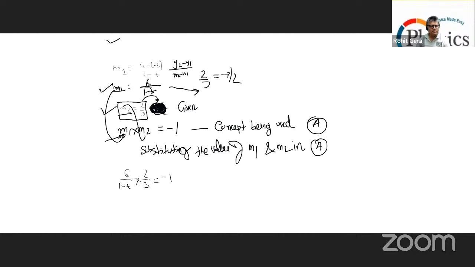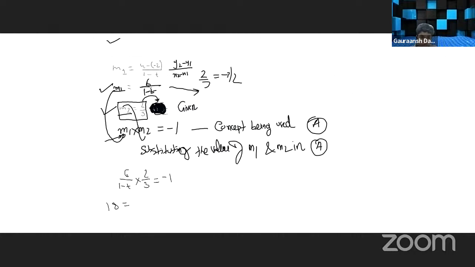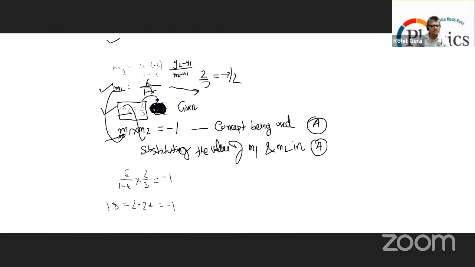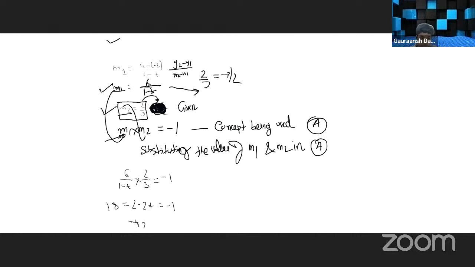Okay, so now cross multiply. So 6 into 3, which is 18. So 18 equals 2 minus 2t, which equals -1. So 18 comes here and 2 also comes here. So it turns minus minus. So minus 19. So 2t equals -19. So t equals -19 by 2.